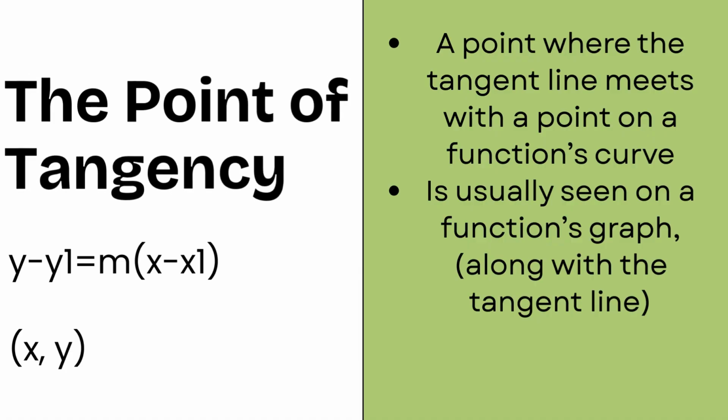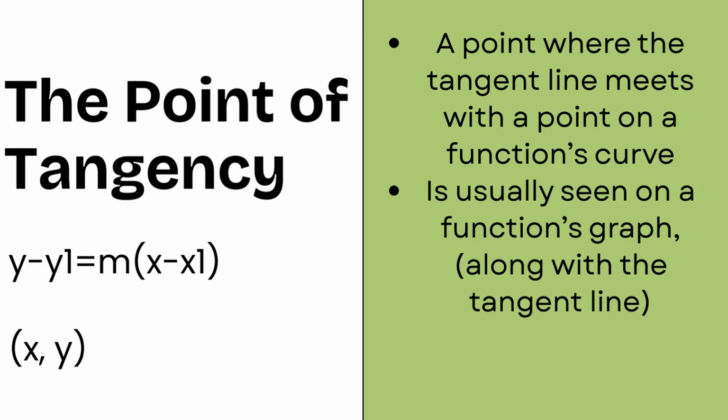So we're going to talk about the point of tangency here, because when we're discussing the derivative and tangent lines, it's also important to discuss a graphical viewpoint, which is the point of tangency. So this point of tangency is basically a point where the tangent line meets with a point on a function's curve.